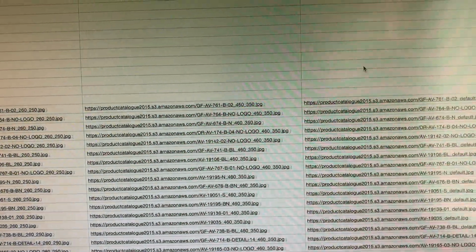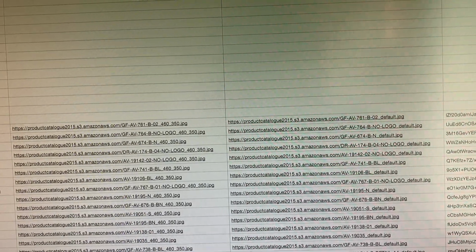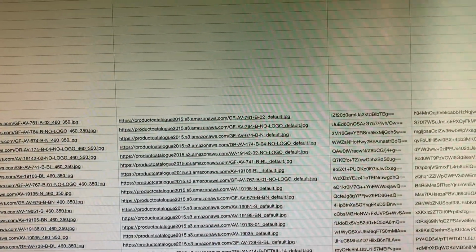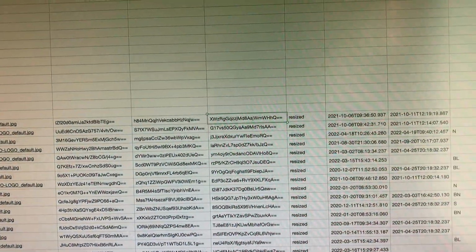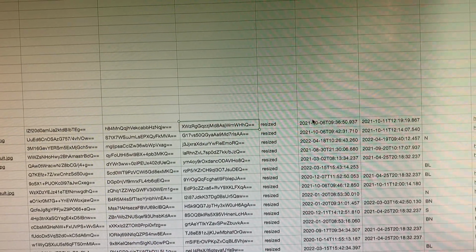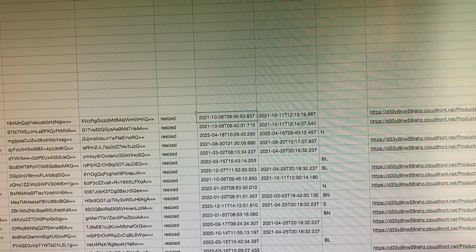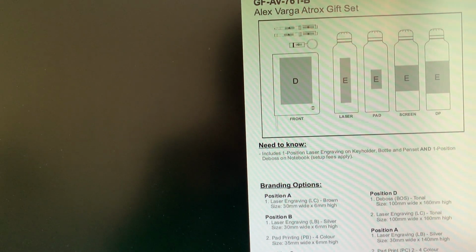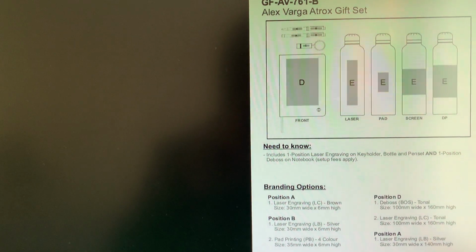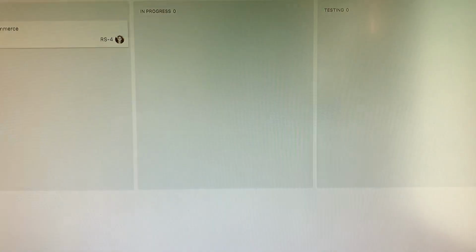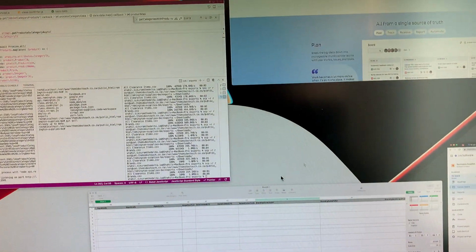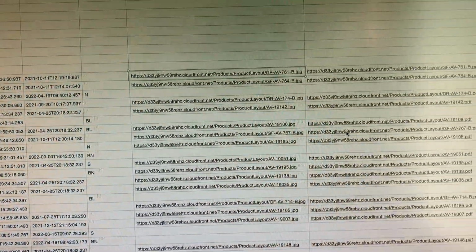You've got the ultra size image. I don't know what these signatures are for. They were in the image things, so I just pulled them through anyways. It tells you when the image was created. There's also a branding guide URL. I don't know what this is. Okay, so that's what that is all about. So all of that is on a per line basis pretty much for the whole thing.